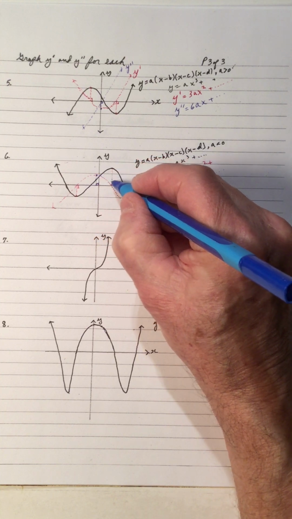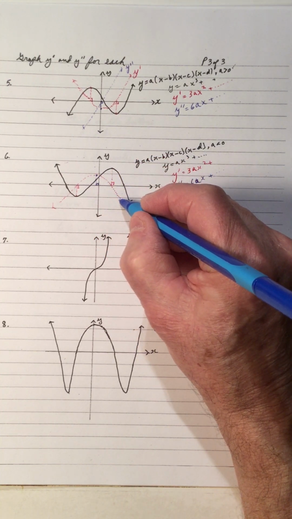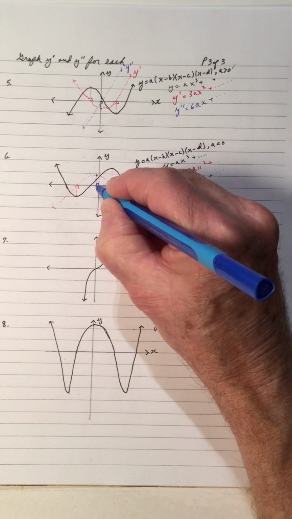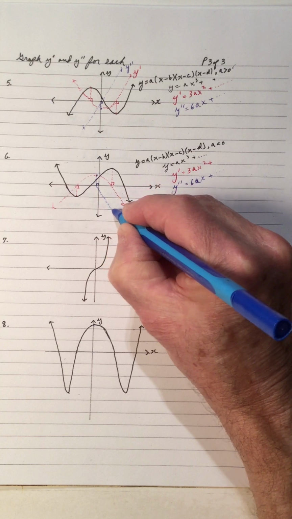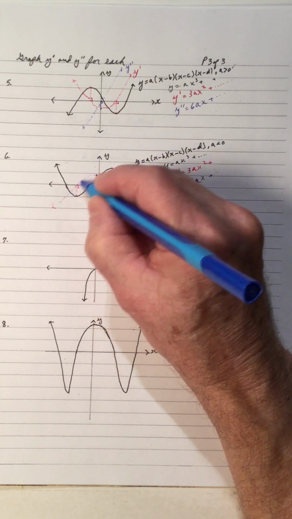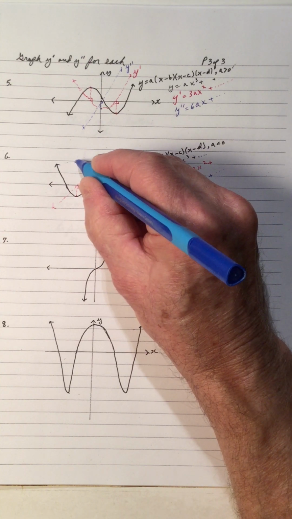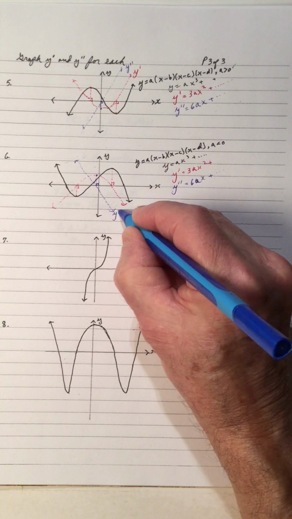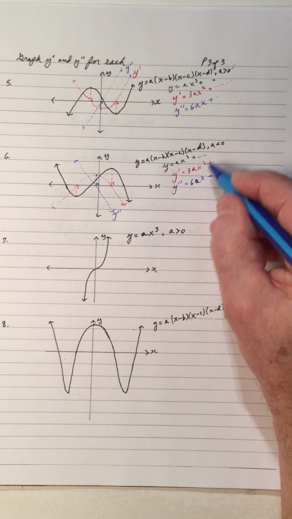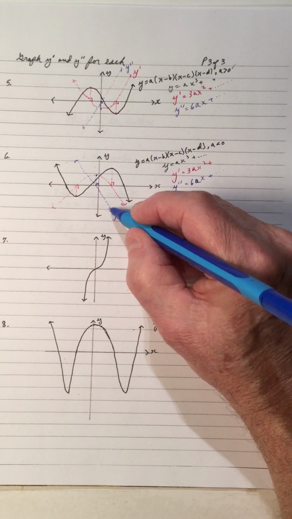On this side of this point, the slope is negative. So that means we have to draw part of a line, and on this side it is positive. So the values are positive, and this is y double prime. And again, because a is negative, 6a is negative, so this line has a negative slope.